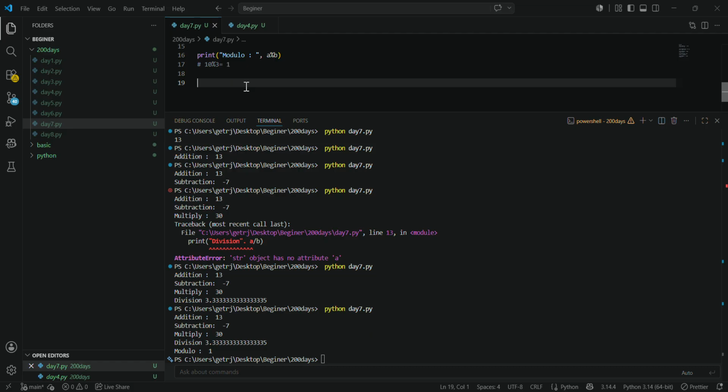Now we will check floor division. Let's understand floor division. Floor division gives a whole number, the whole number part, and removes the decimal part.